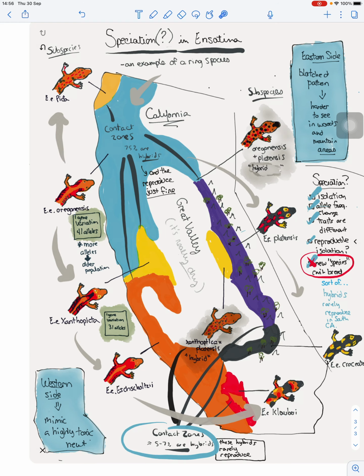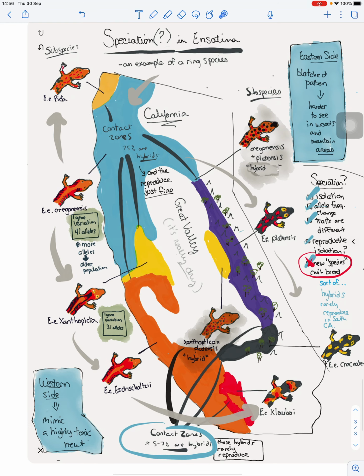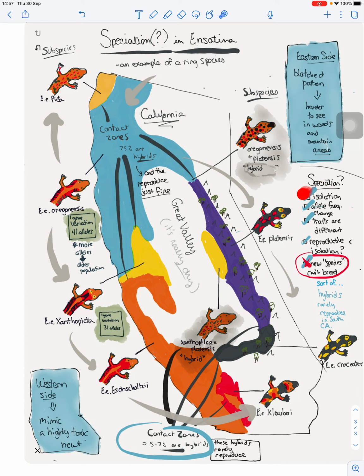So the question becomes, are these different species, right? And remember, in order to have speciation, you need isolation, you need an allele frequency change, traits that are different, reproductive isolation, right? And if you can kind of match those things, then boom, we have a new species.